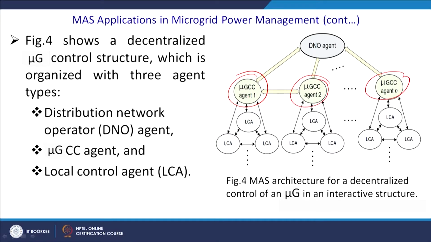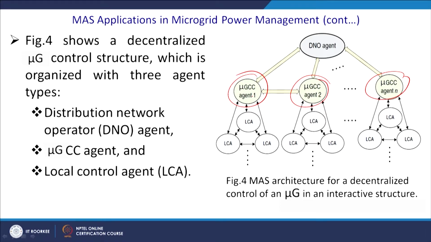This is agent 1, agent 2 and agent 3, and in between you have a local control agent. This is named as LCA, and so the LCA can interact directly with a microgrid agent, as well as it can interact among themselves.